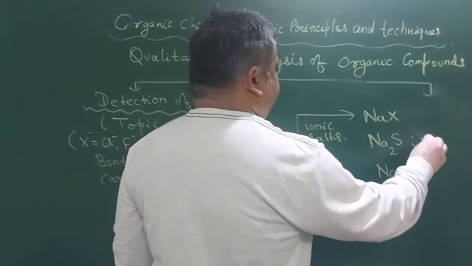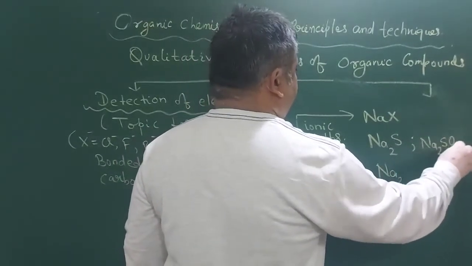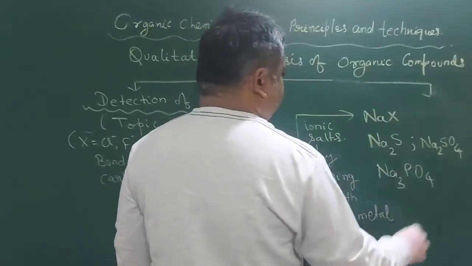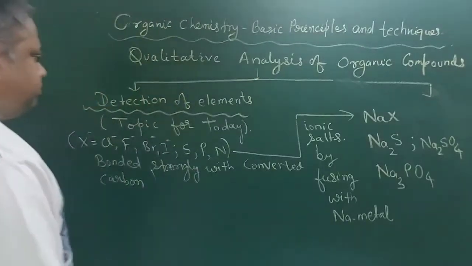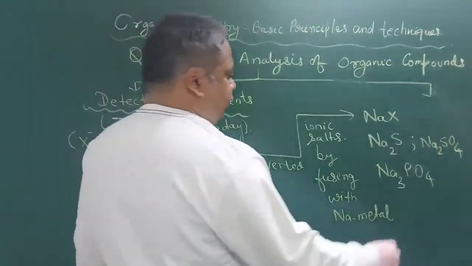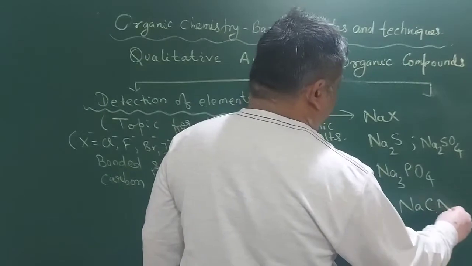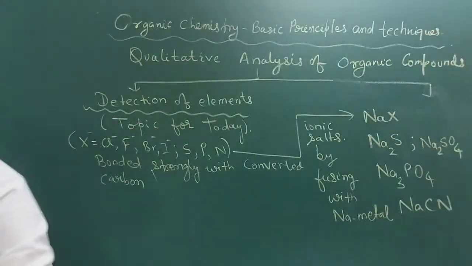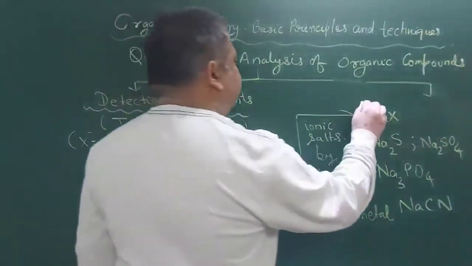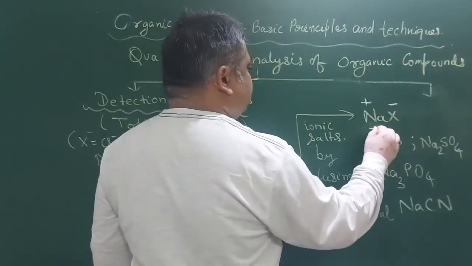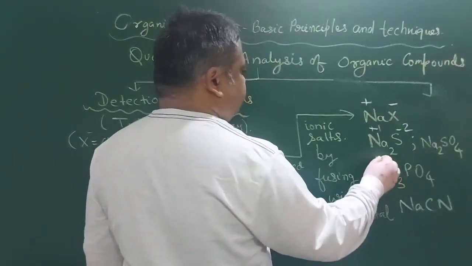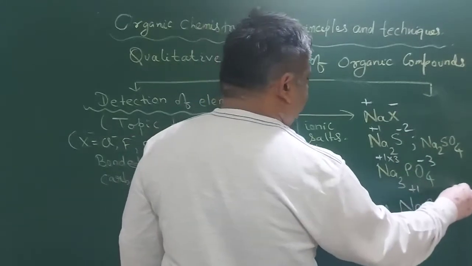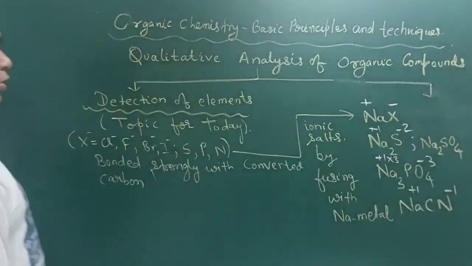It can also form Na2SO4, it can form Na3PO4, and it can form NaCN. So these are all ionic compounds now. They can be easily separated as ions in the solution.